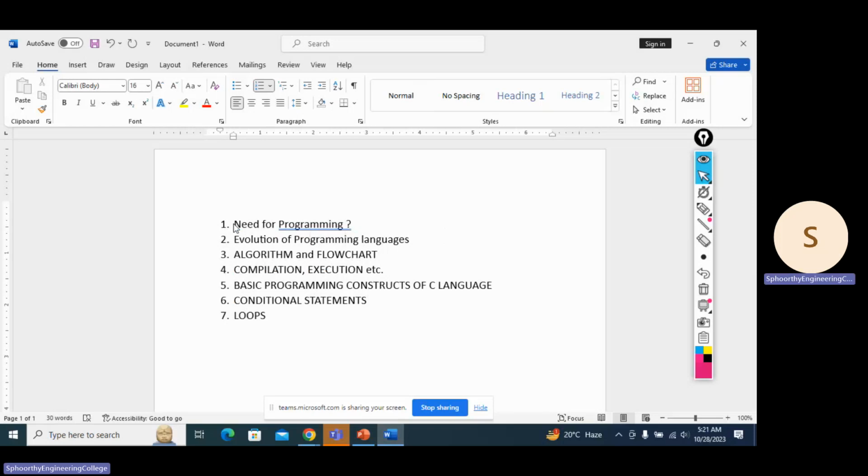C comes under both procedural and structured programming. We had an elaborate discussion on these concepts, and also on words like high level language and machine level language. This is the evolution of programming languages, which we have already discussed.